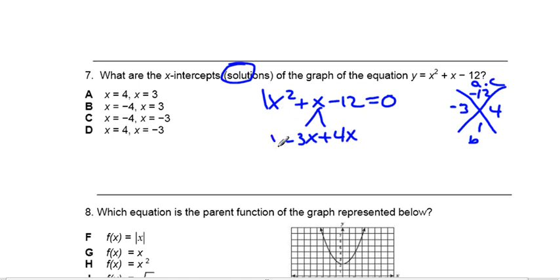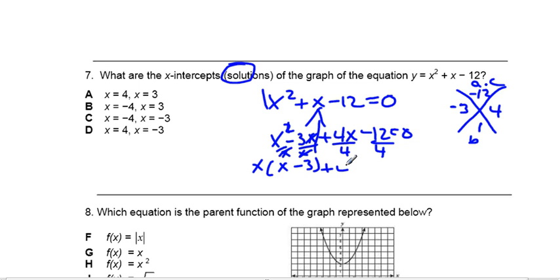Bring down the x squared. Bring down the negative 12. Split the middle. Take out the x. Take out 4. Take out just means your GCF is 4.